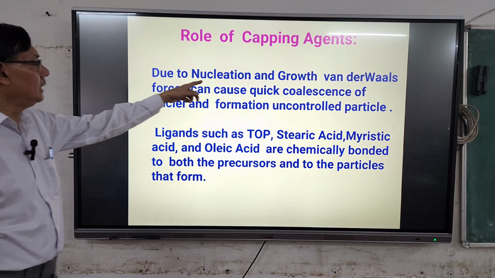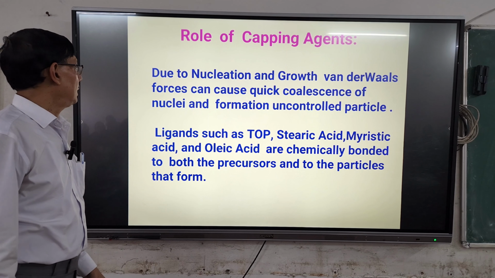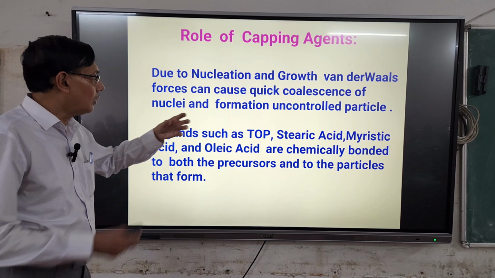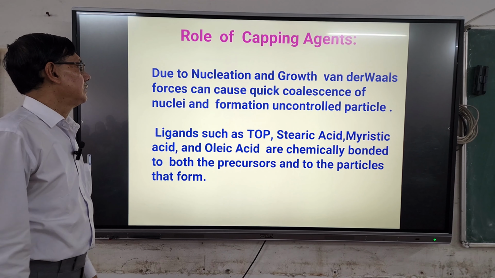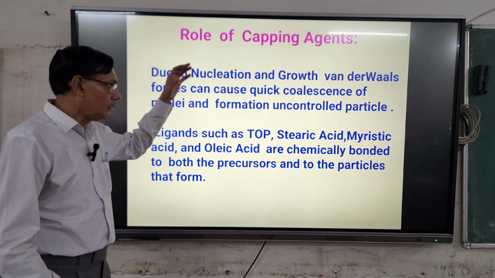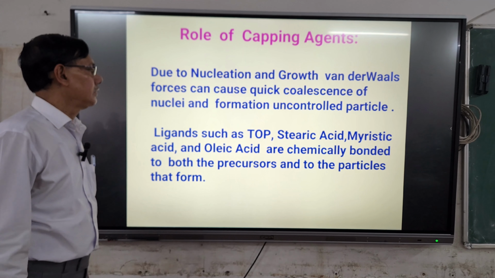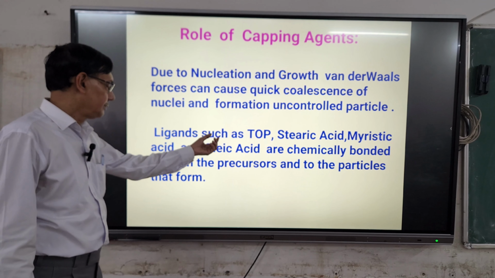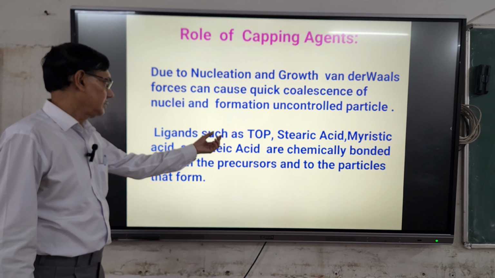Due to nucleation and growth, van der Waals forces can cause quick coalescence and formation of uncontrolled particles. To avoid this problem, we use capping agents such as TOP or TOPO, and as I told you, oleic acid is also used. Nowadays people are using oils because these solvents are very costly and toxic.